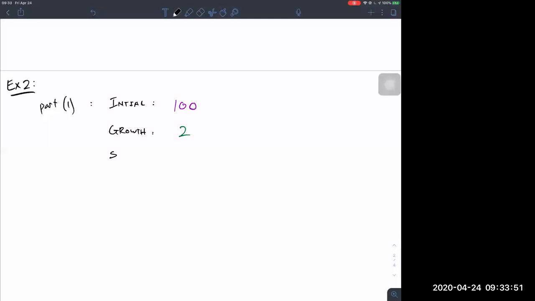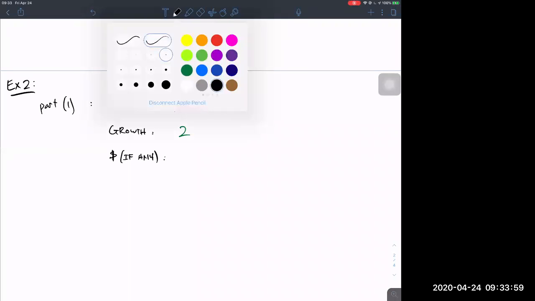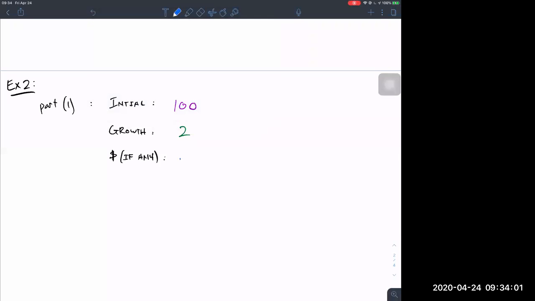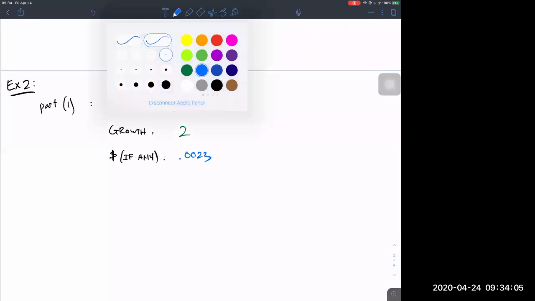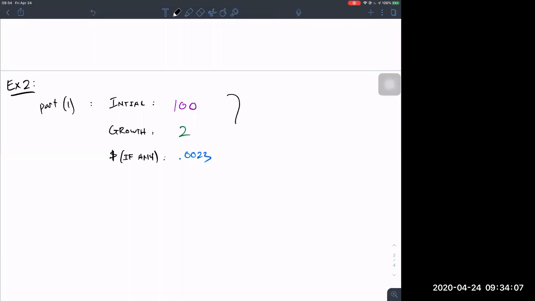And your monetization, and I'll just put in parentheses here, if any, because sometimes I write it without it making money, is this really small number of 0.0023. So if you remember the format of how I had you label this, it's alpha times beta to the i minus 1, right?